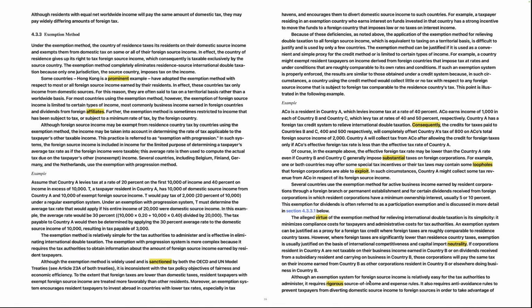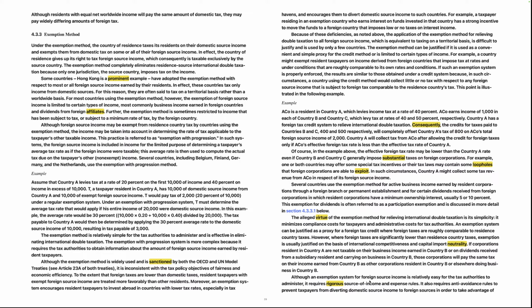Although an exemption system for foreign source income is relatively easy for the tax authorities to administer, it requires rigorous source of income and expense rules.